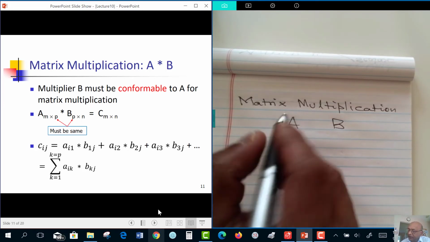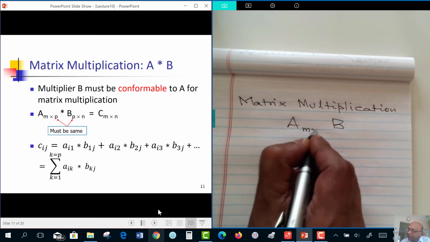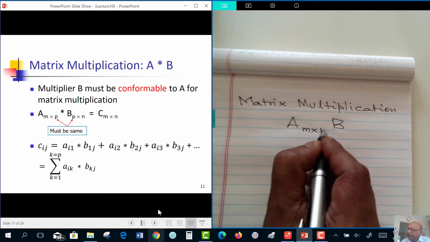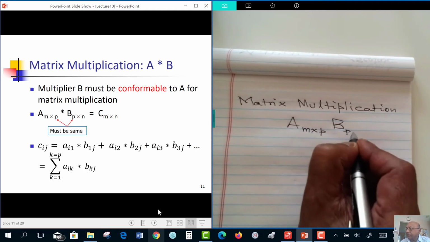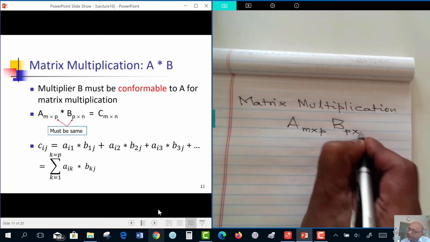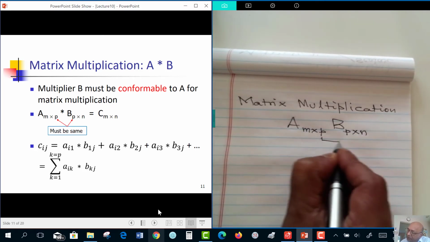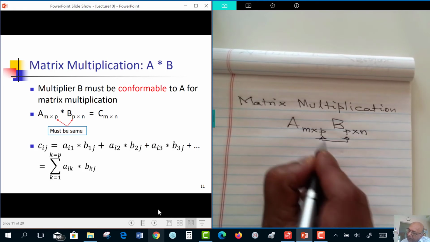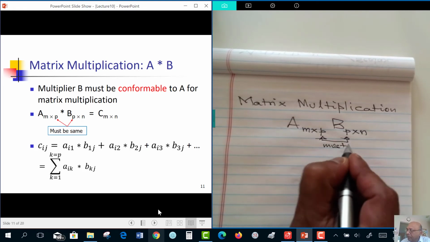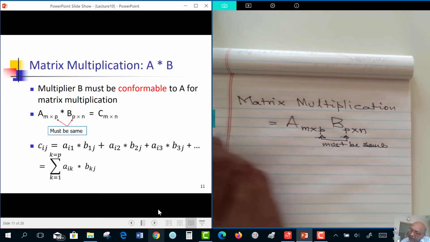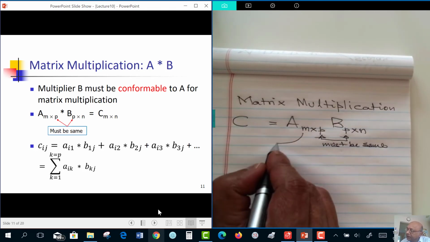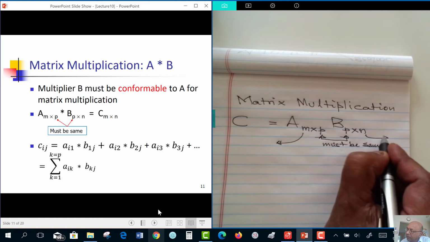What does that mean? If A is M by P, it has P number of columns, then B must have the same number of rows. And so this must be the same. And then our result is C, which is M by N.